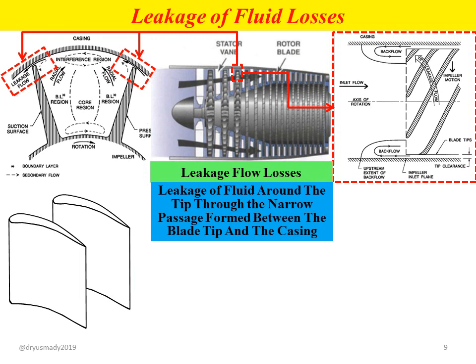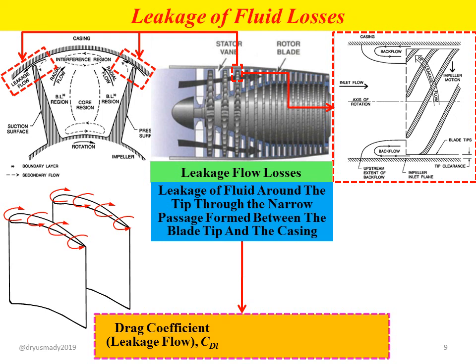If you look at the schematic diagram of two identical cascade blades, the red color arrow represents the flow at this region.